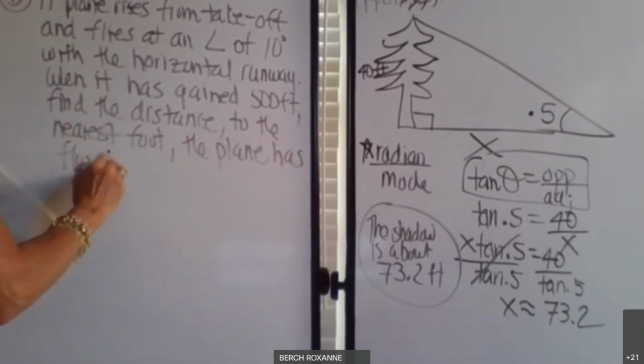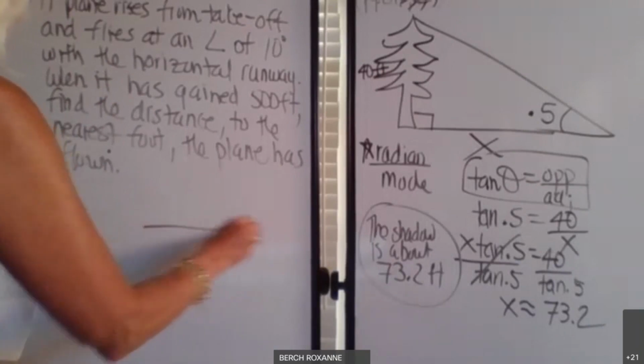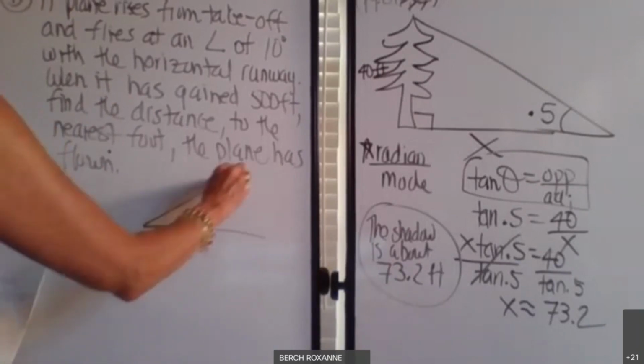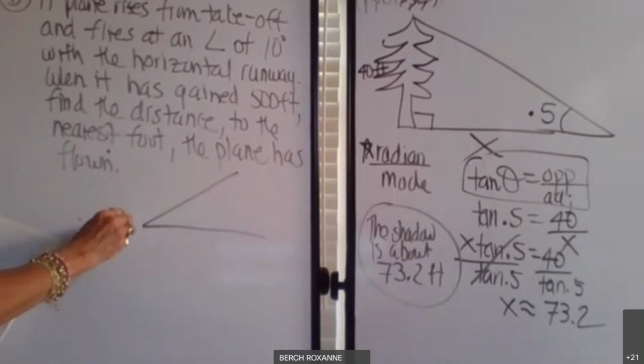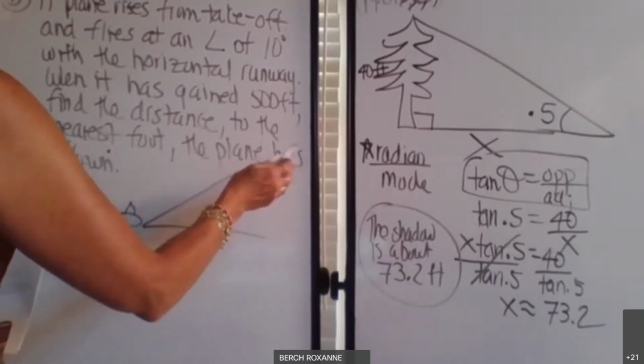All right, so let me see if I can draw a picture here. A plane rises from takeoff and flies at an angle of 10 degrees. Okay, so this is the plane over here, but now it's over here.